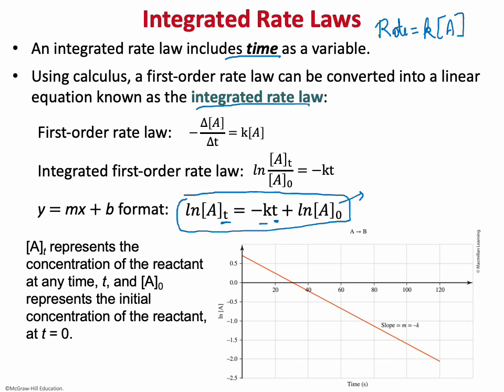And a linear plot usually is represented by this equation, y is equal to mx plus b, which means if I write this equation as y equals mx plus b in this particular format, where x is my time, y is the natural log, so natural log which you see on the y-axis versus time which we see on the x-axis, then the slope is going to be negative k, negative, and that's why this is going down, and the intercept b is going to be equal to ln A0.